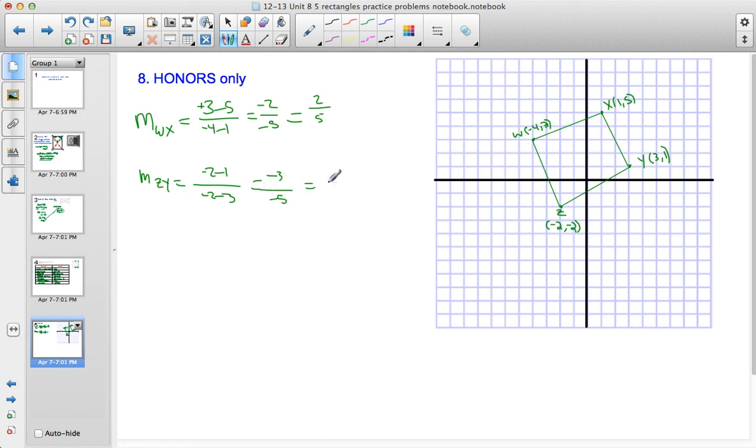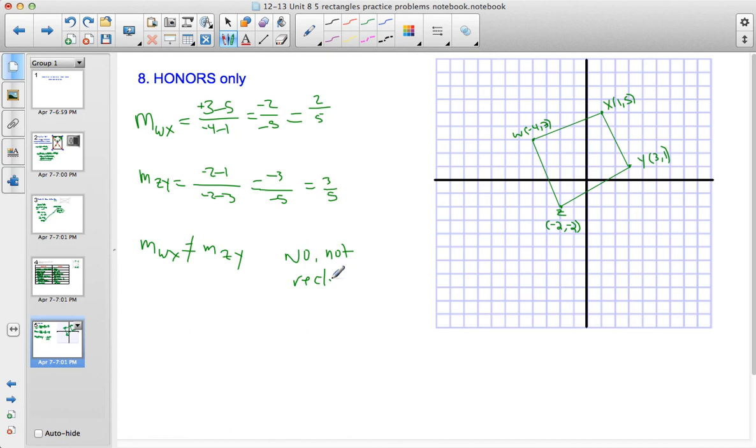So because the slope of WX does not equal the slope of ZY, we can say that no, it is not a rectangle because opposite sides are not parallel. And we know that because their slopes aren't parallel. So I don't even have to check WZ and XY. Even if their slopes were parallel, it would not matter because both pairs of opposite sides have to have parallel slope.